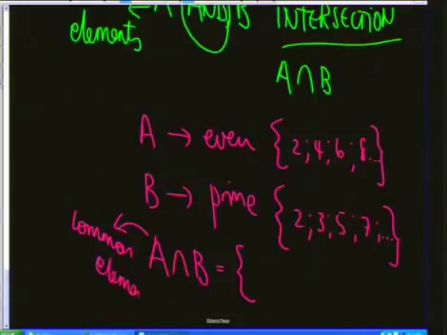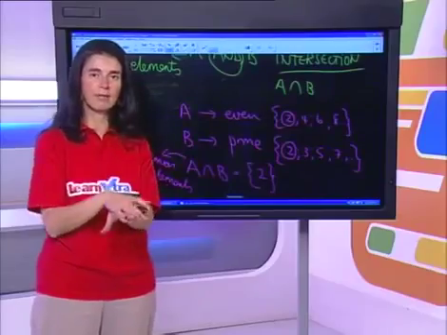We talk about the elements in the set, so which values are common elements, and we can see it's only this value 2. That is both even and prime at the same time. So there's an overlapping value.